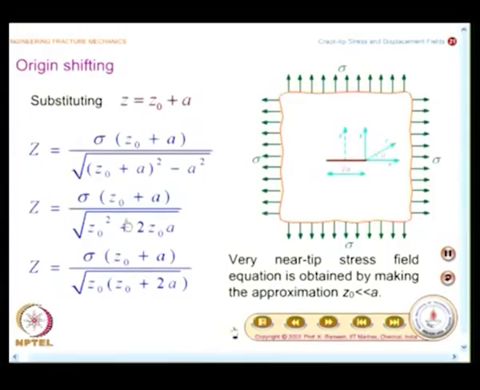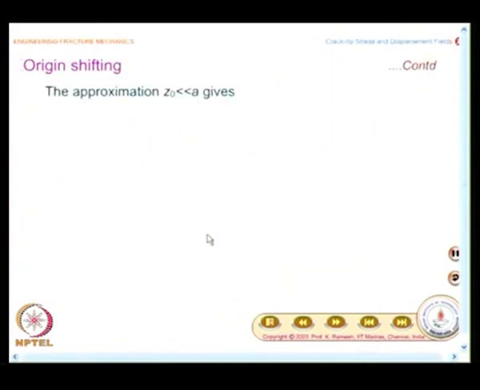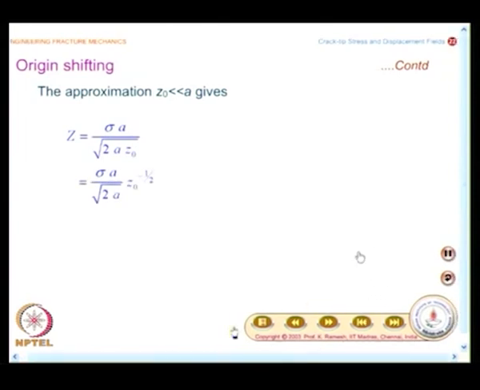So, when I do this, this expression could be simplified, and you can simply write this capital Z as Z naught plus A would become simply A, because Z naught is small, and when you say Z naught is small, Z naught square will be very small. So, I will eliminate this. So, I will have only sigma A divided by root of 2 Z naught A. Which could be recast in this fashion.